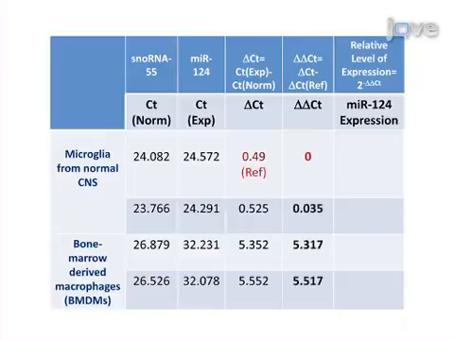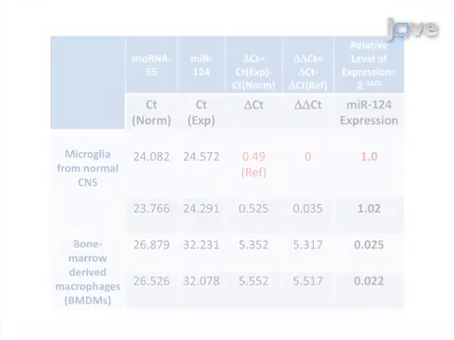Then subtract the delta CT of the reference sample from the delta CT values of the other samples to calculate the delta-delta CT values. Finally, the relative level of expression for each sample is calculated as 2 to the power of minus delta delta CT.